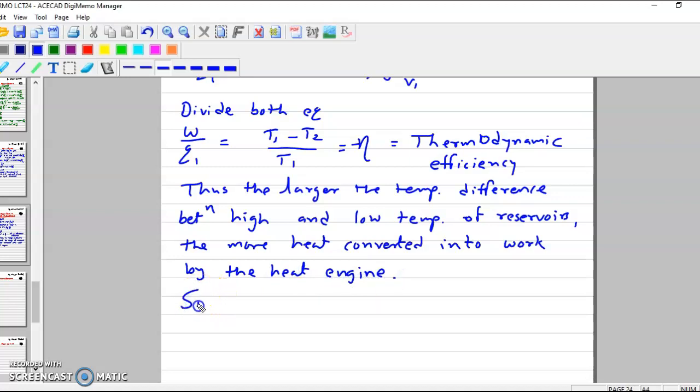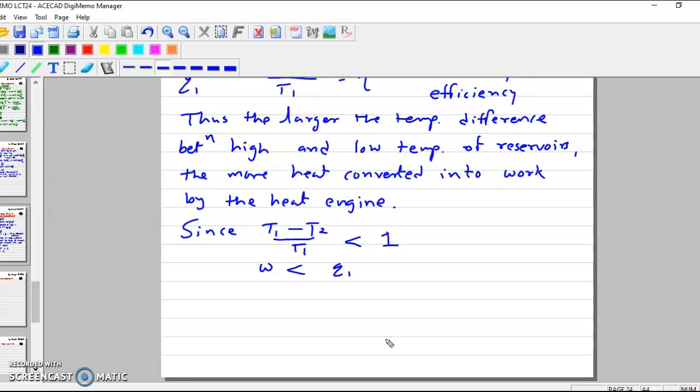Since (T1 minus T2) upon T1 will always be less than 1, it follows that work is also less than heat absorbed.